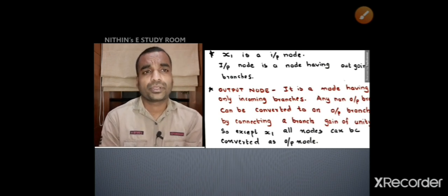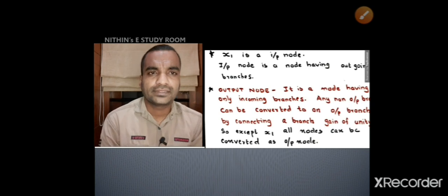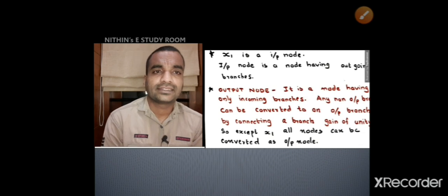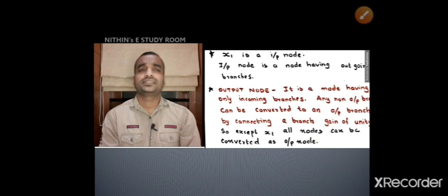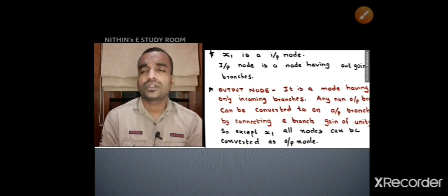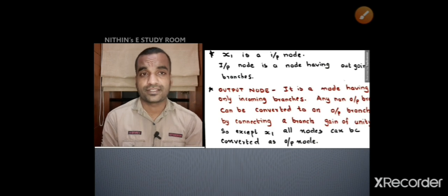What is an output node? It is a node having only incoming branches. Any non-output branches can be converted to an output branch by connecting a branch gain of unity. So except x1, all nodes can be converted to output nodes. Output node should have only incoming branches.